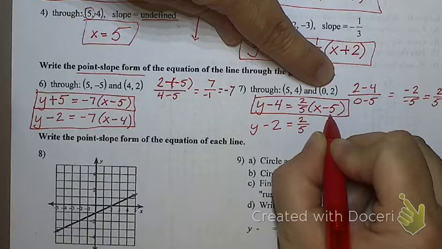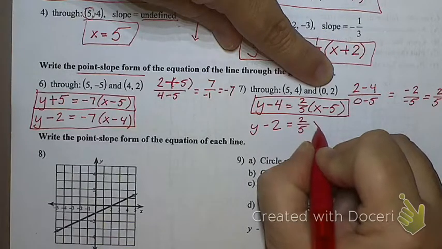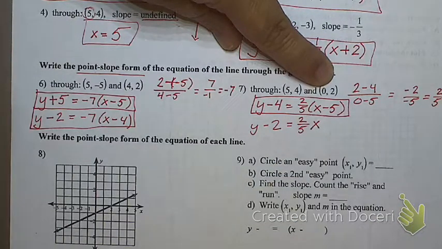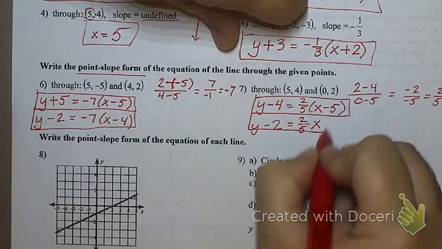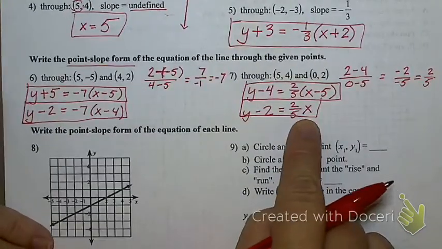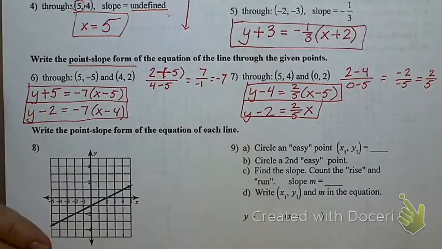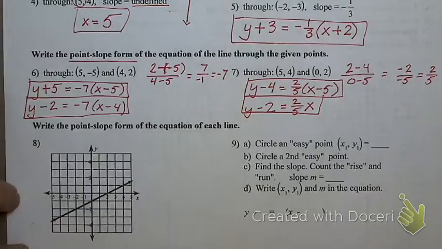X. It's just x, isn't it? So I wouldn't put x minus 0, I would just put x. So that's the other way of writing. Okay? If that x minus 0 thing becoming x doesn't make sense to you, then use the point that doesn't have a 0 in it. It'll just keep it easier.